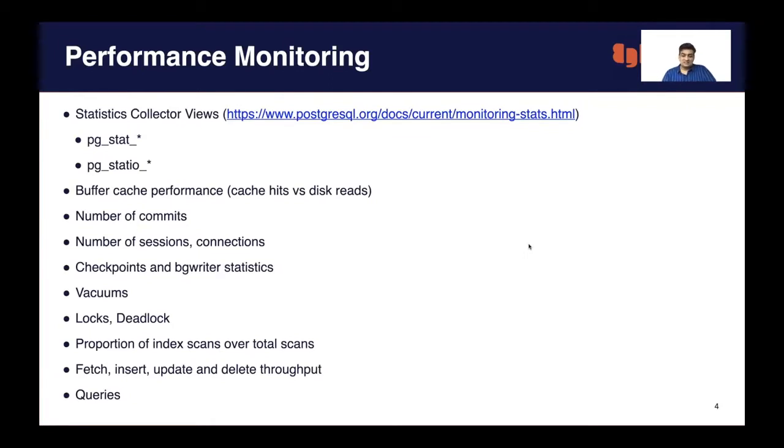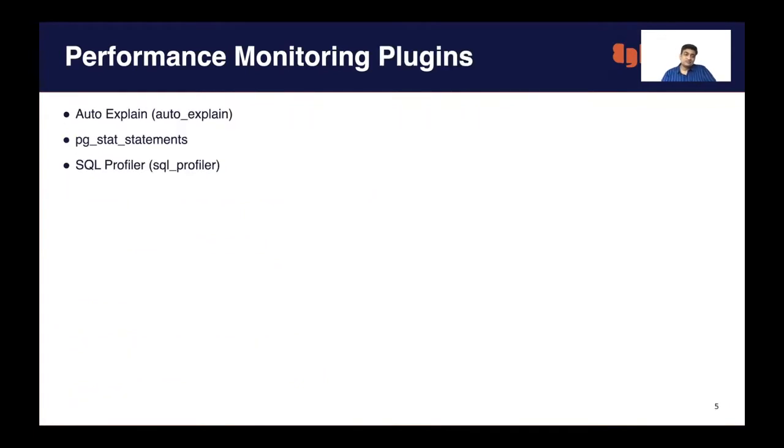So that's where a lot of extended plugins come into the picture, and that's where auto_explain can help you, where it logs all your explain plans into the log files, and you would be able to understand what has really happened and why it is happening at runtime, because that needs to be identified, and that can be done using auto_explain.